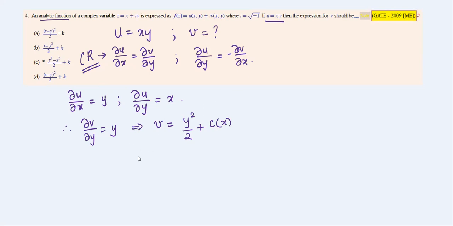Now ∂v/∂x, differentiate this with respect to x. This term will be 0. We get c dash x, and that should be equal to minus of ∂u/∂y. So this will be minus of x.